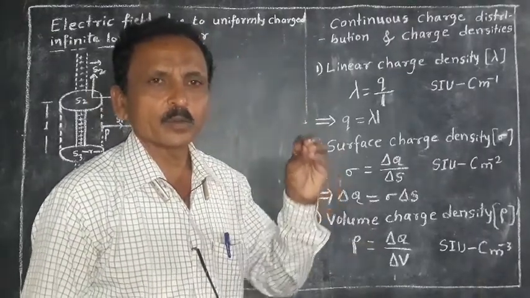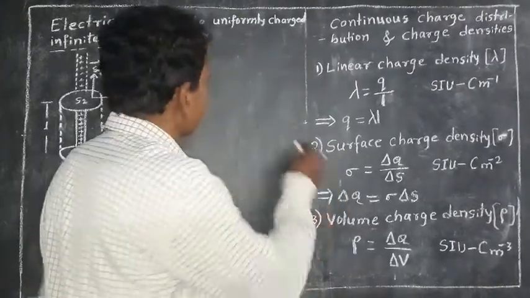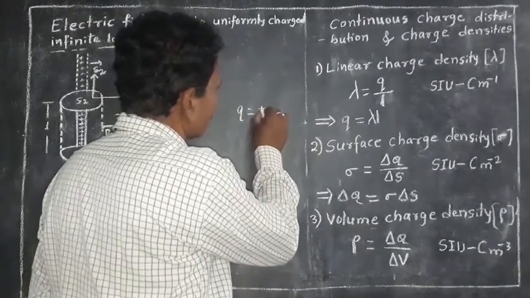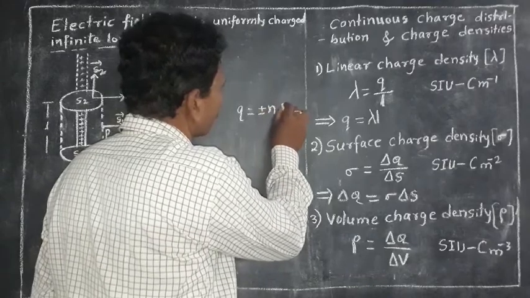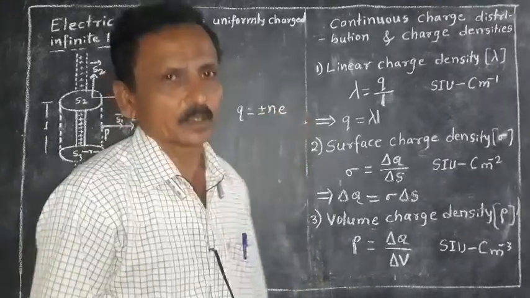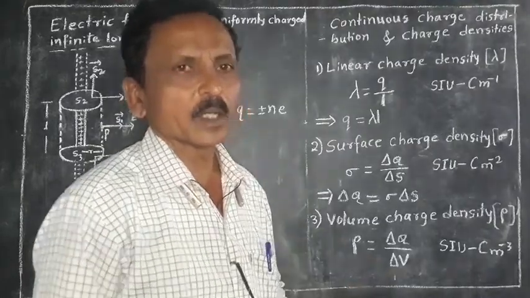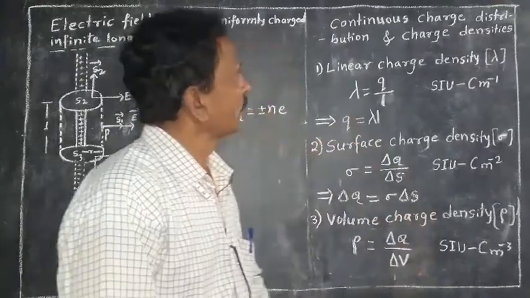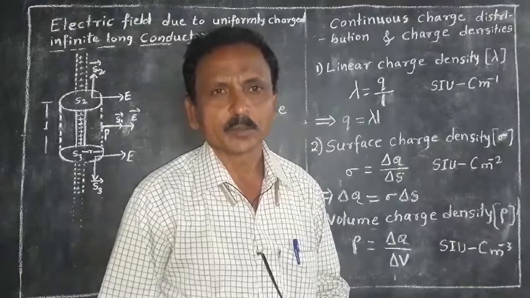And according to the quantization property of charges, the net charge on a body is equal to an integral multiple of fundamental charge. But these properties are found impractical over continuous charge distribution.